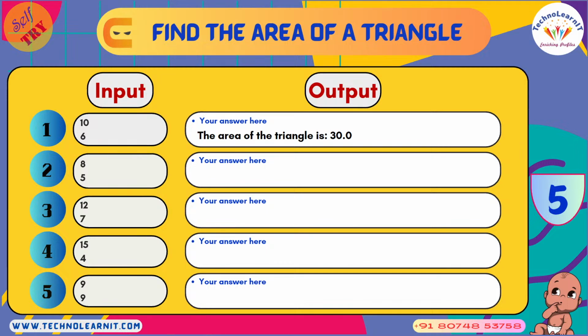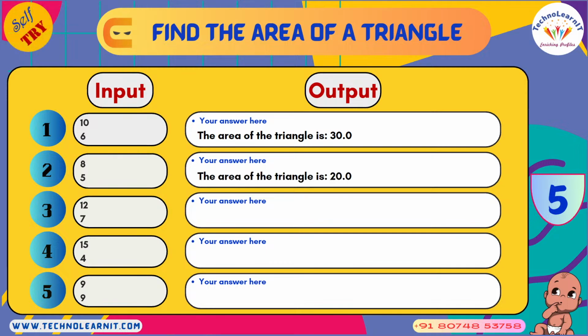So half, or 0.5, times 10 times 6. 10 times 6 is 60, half of it is 30, so that is where you get the output as 30. But the expectation is to limit the output to a single digit in the fraction. So you can see that as 30.0.